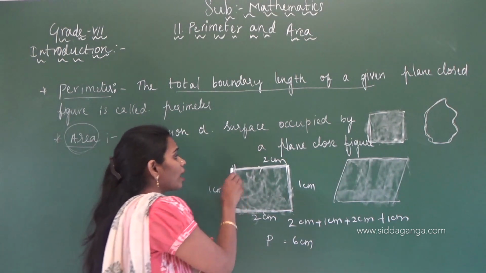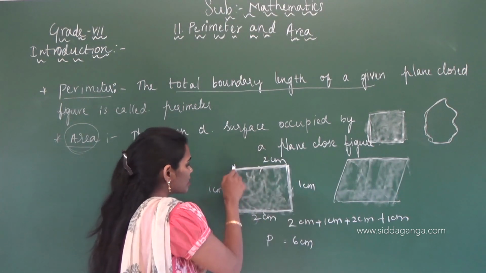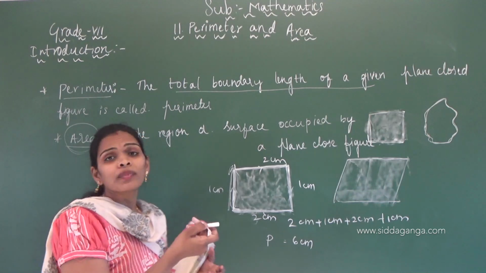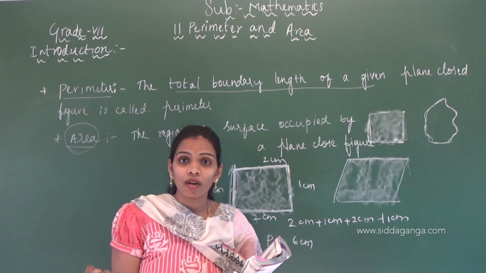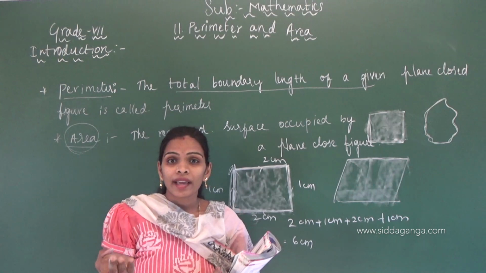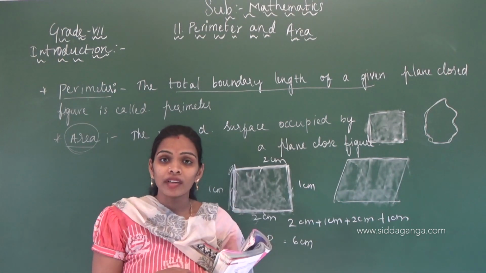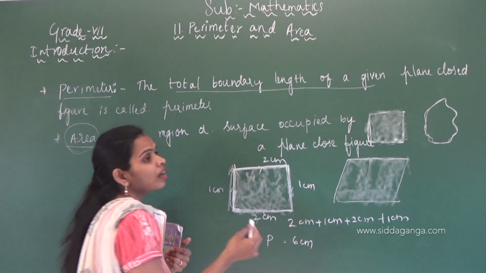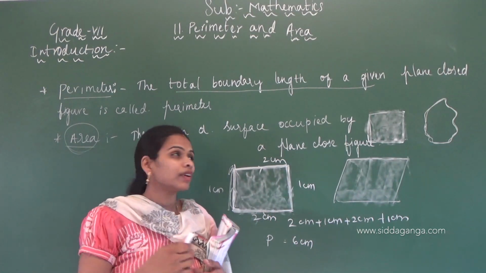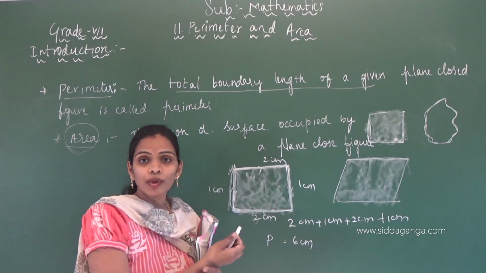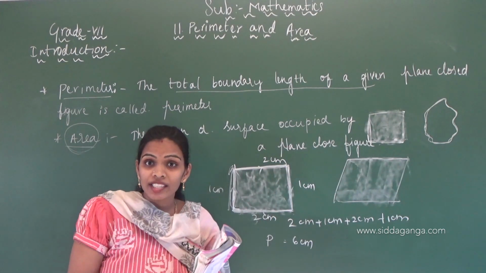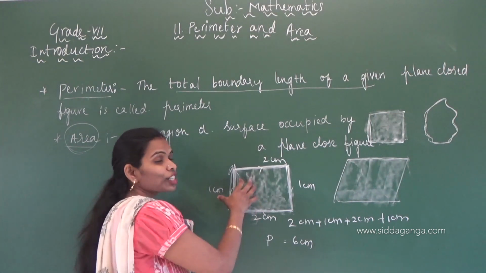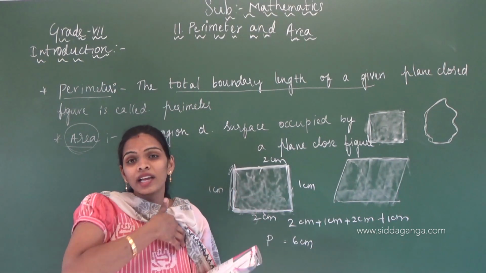We can't add all the sides again and again if some figures like parallelogram, square, rectangle are there. If it is only 2 centimeters, that's why we are adding. If it is 320 centimeters length, or 160, we can't do the calculation again and again.